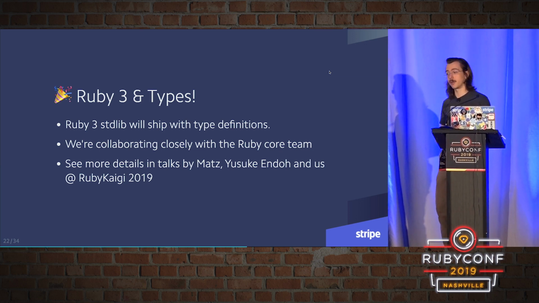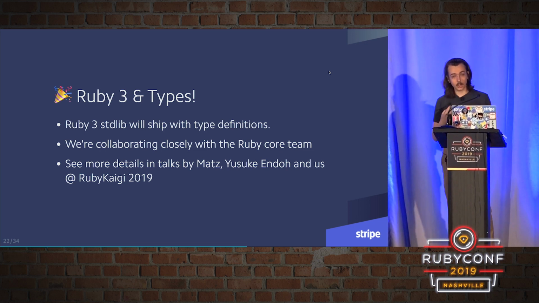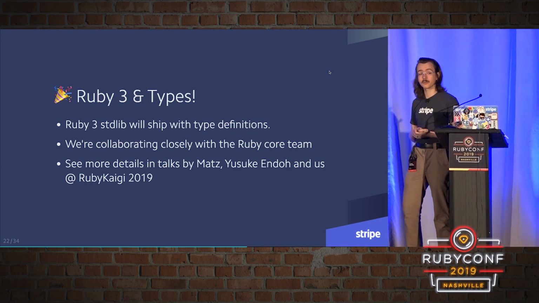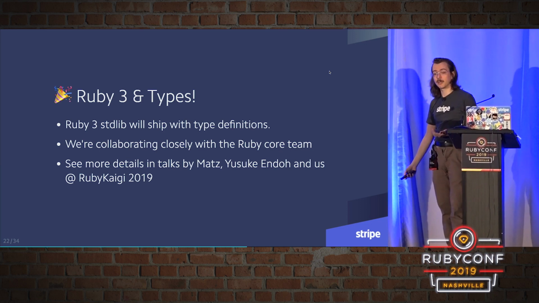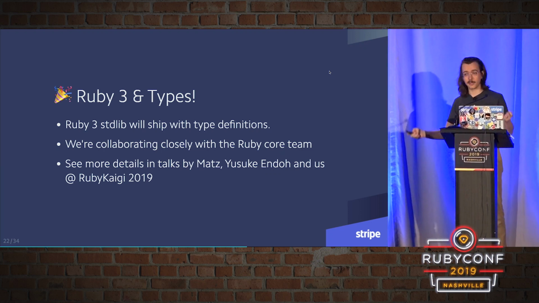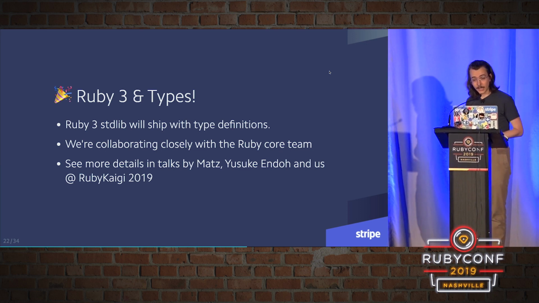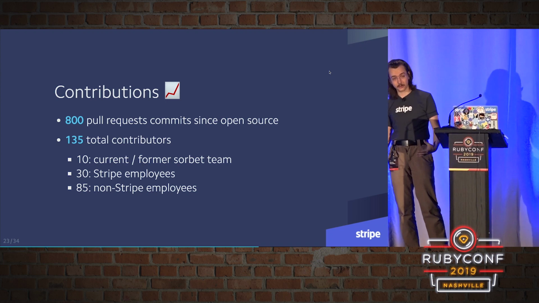It has been a great collaboration. It's a pleasure. Thank you, Matz. A lot of work has been done by Soutaro Matsumoto, who is the creator of the type checker called Steep, but he has also created RBS, the syntax for type signatures that Ruby 3 will ship with. So thank you, Soutaro.